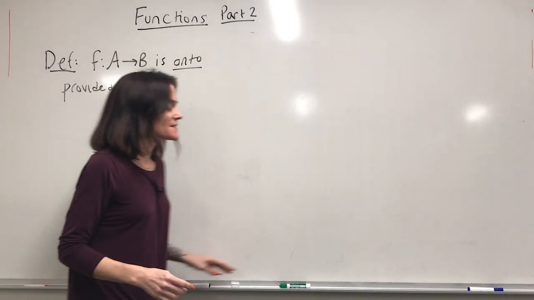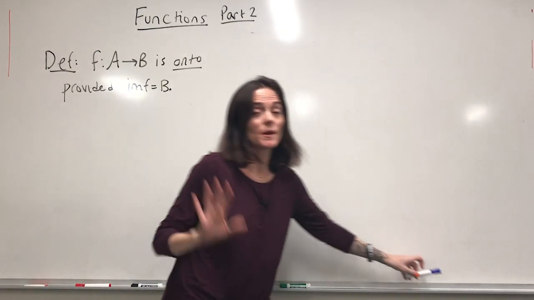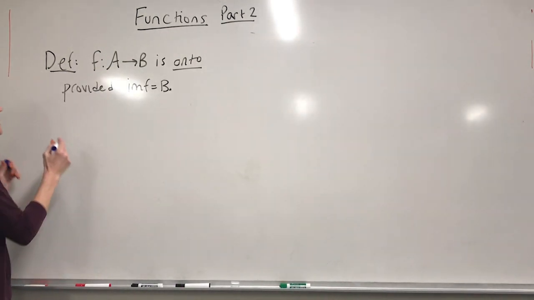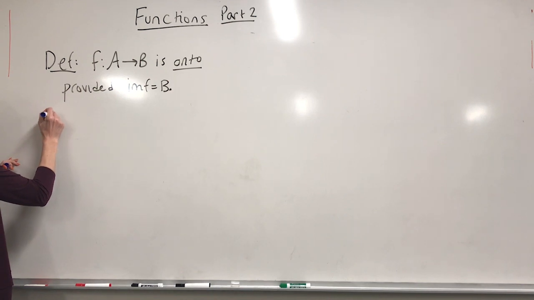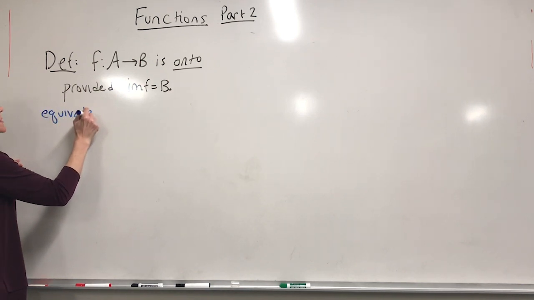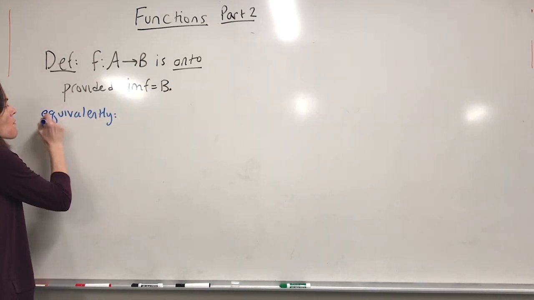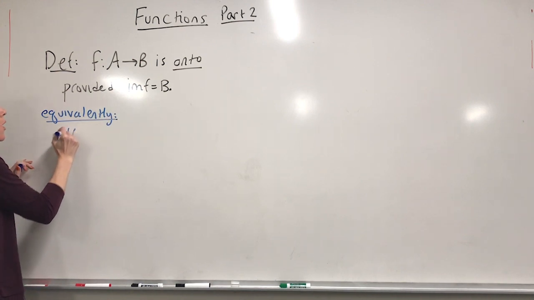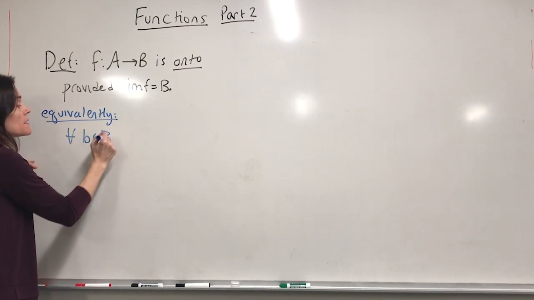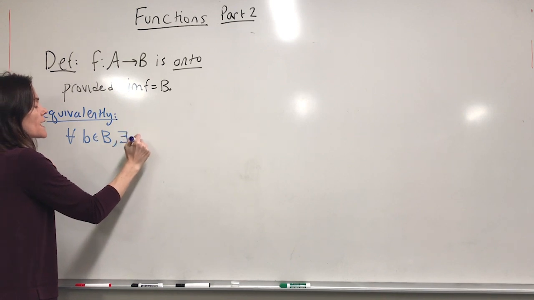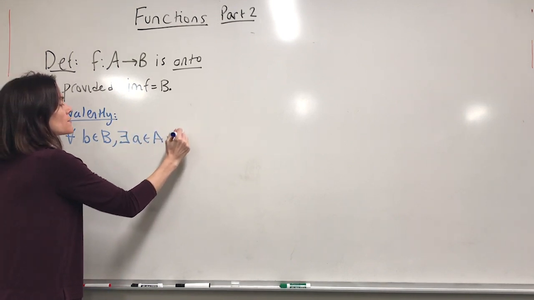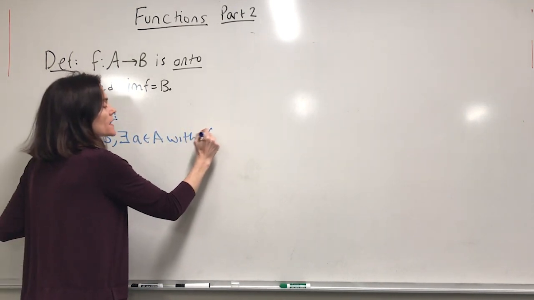What this means, if you want to prove something is onto, equivalently, and this is what I personally would use, is for all b in B, there exists a in A with f of a equals b.